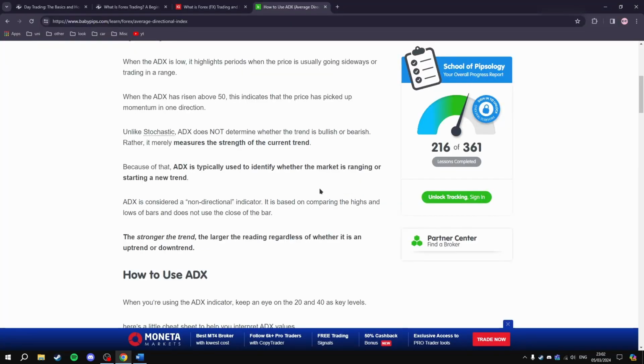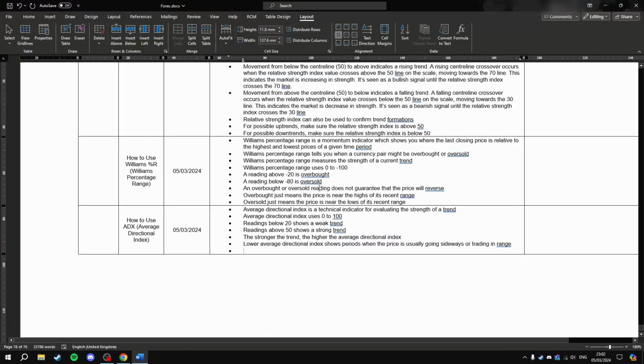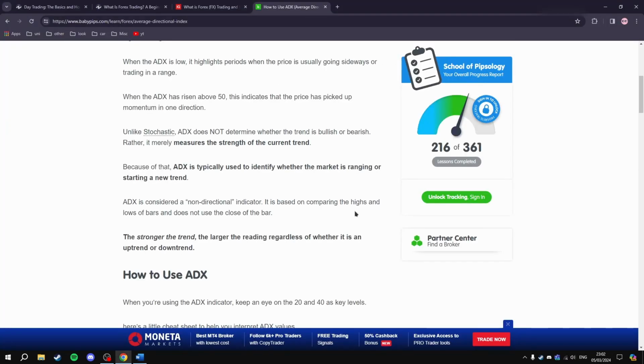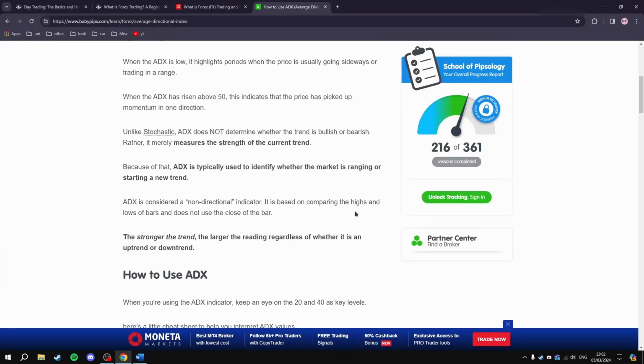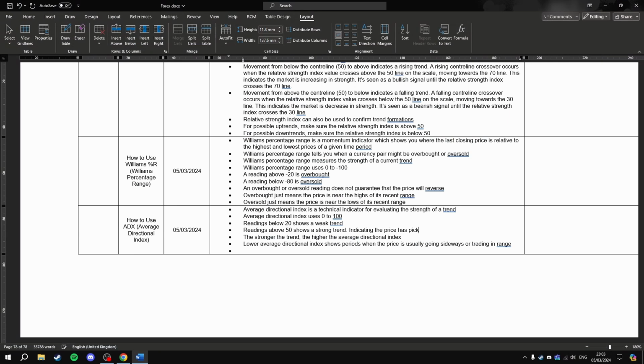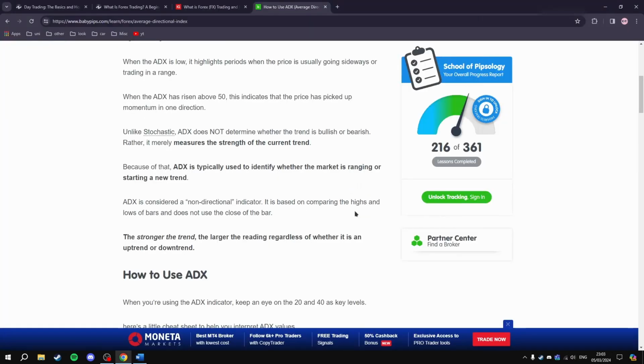When the ADX has risen above 50, this indicates that the price has picked up momentum in one direction. Strong trend. So whether that's bullish or bearish, it does not know or care.